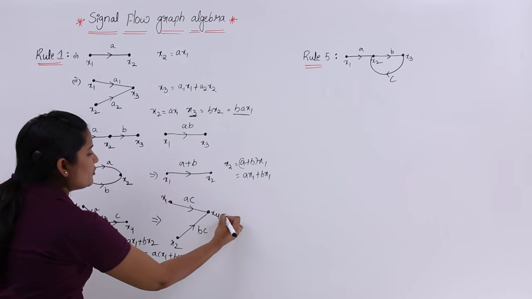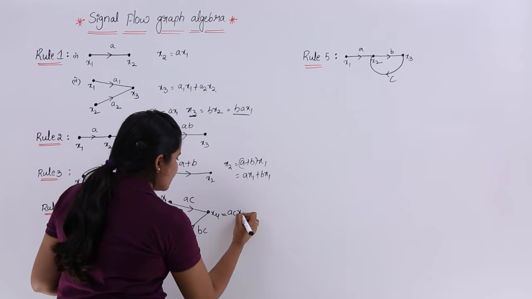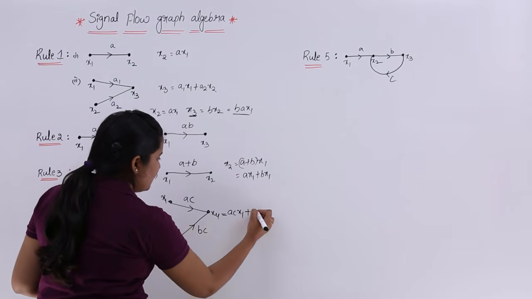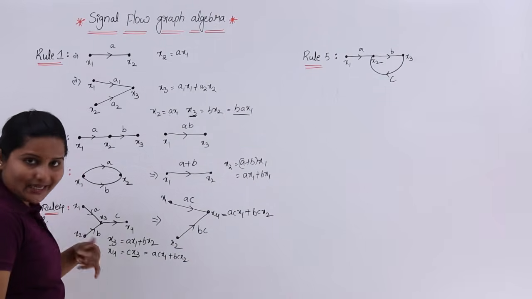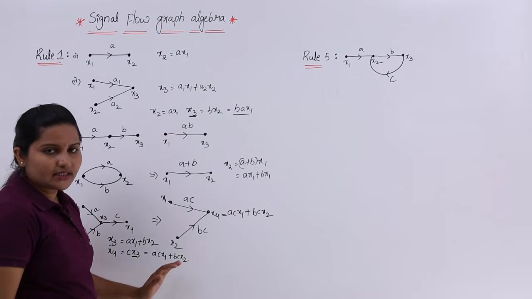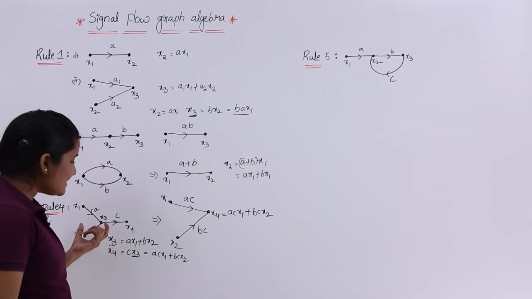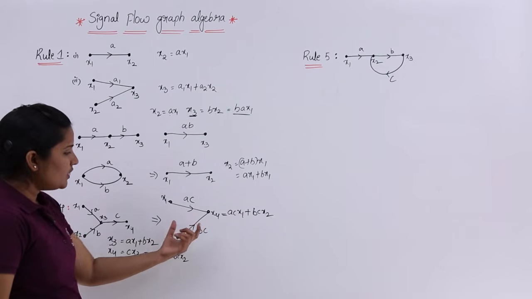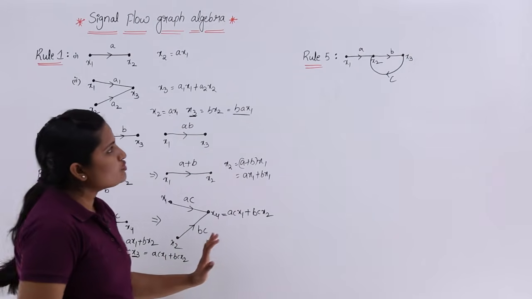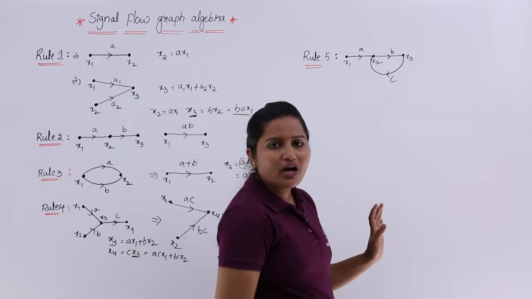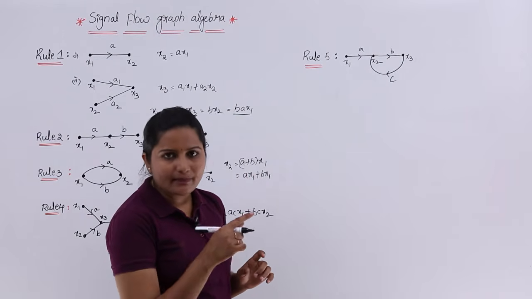If you observe the output here, this is equivalent to ACx1 plus BCx2. You are going to get the same if you take out this x3 also. That is why rule number 4 states that if your signal flow graph is like this, you can model it like this.